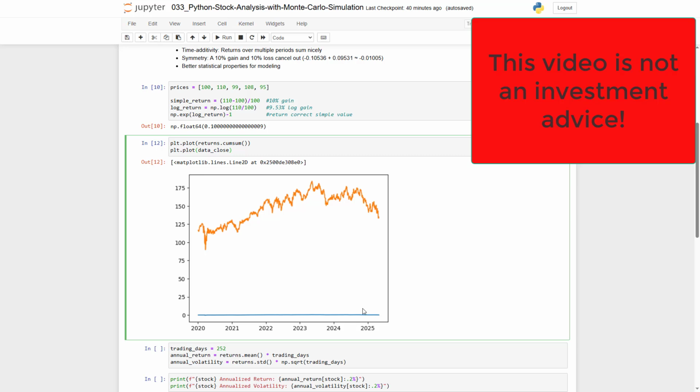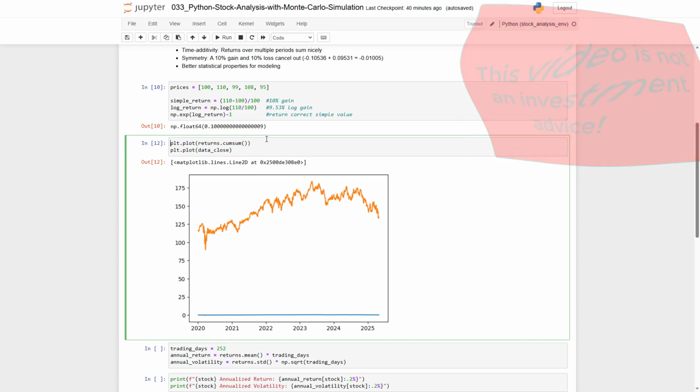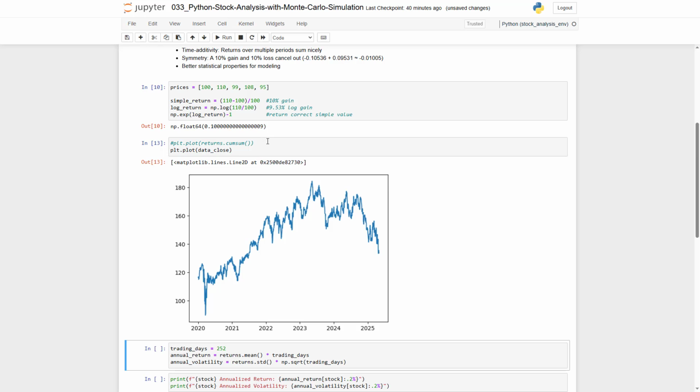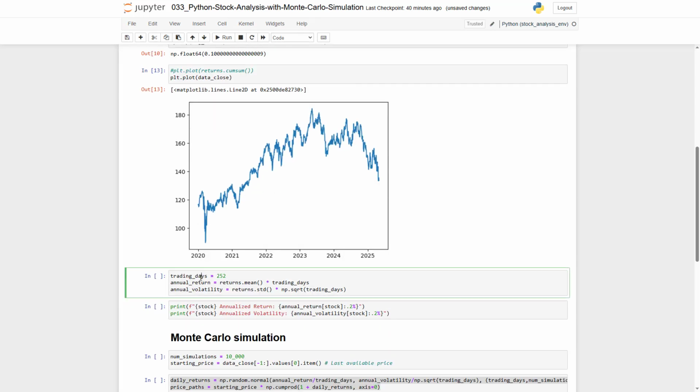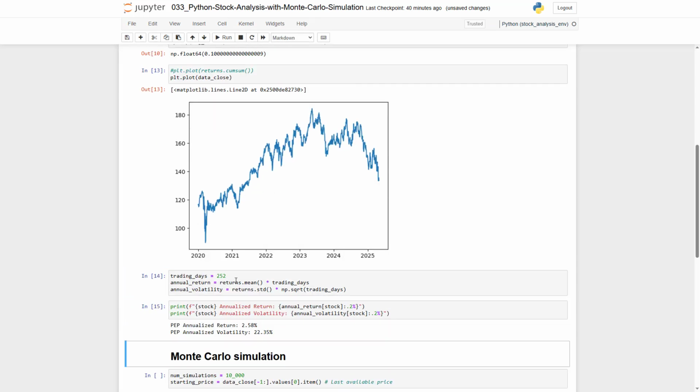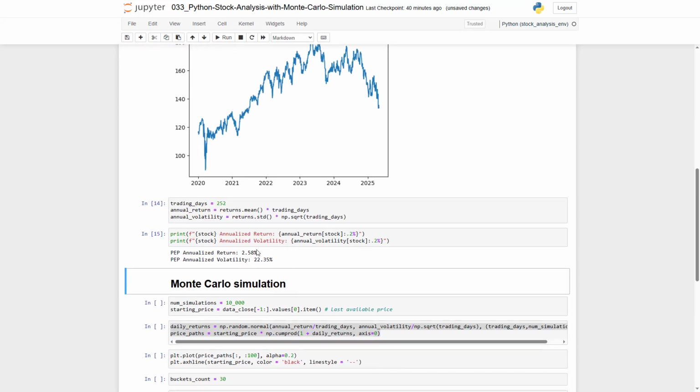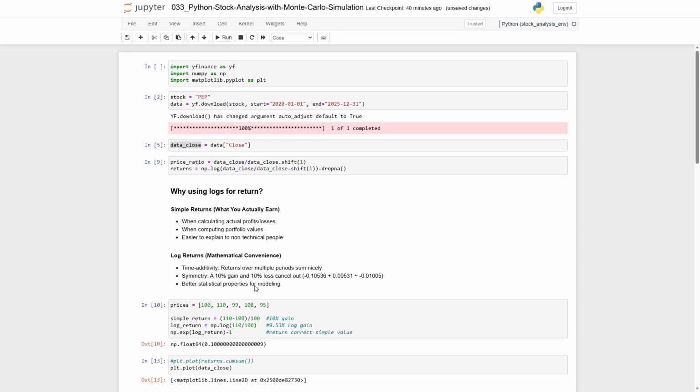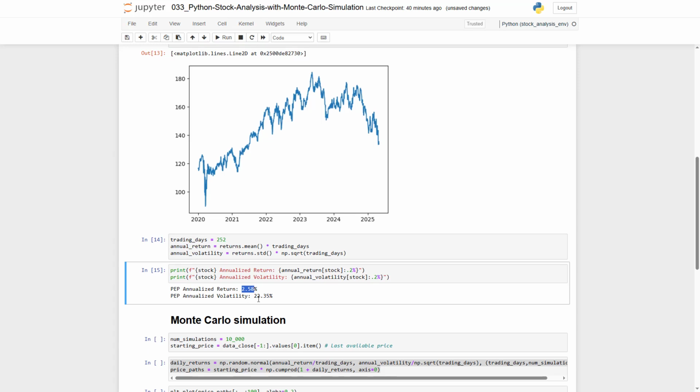This one is just a blue line here because it was around the zero, and the other one is here on this one. Then we take a look at the trading days. The annual return of Pepsi in this case is 258% since 2020, not calculating, of course, dividends, which is something.